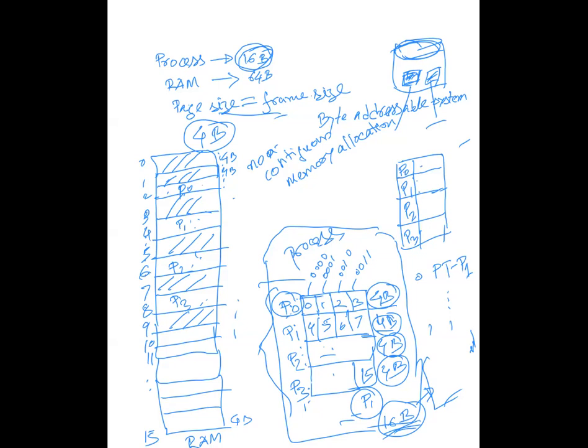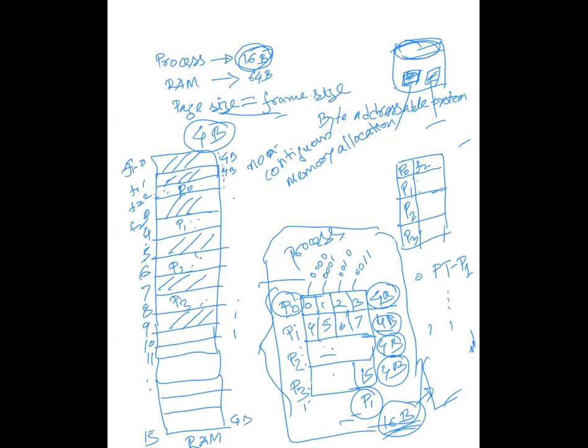frame address. Let's say frame 0, frame 1, frame 2. You see the P0 is inside this frame address 2, so it will contain frame 2, the physical location of page P0.